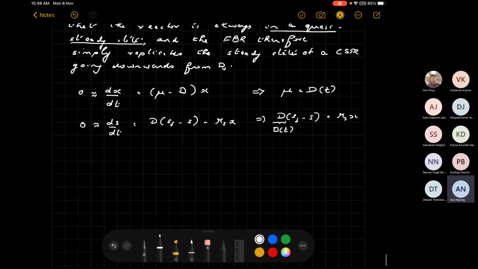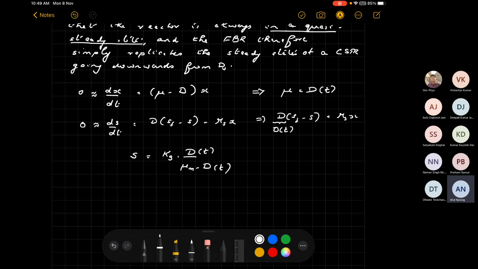So essentially, what is going on? If the Monod model is true, you have S equal to Ks multiplied by D over (mu m minus D). Just replace this D by D of t, because the equations are the same as the ones observed in a chemostat.